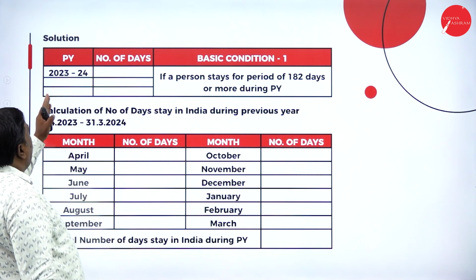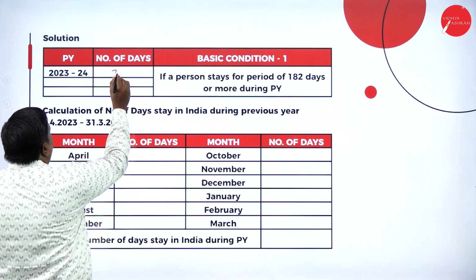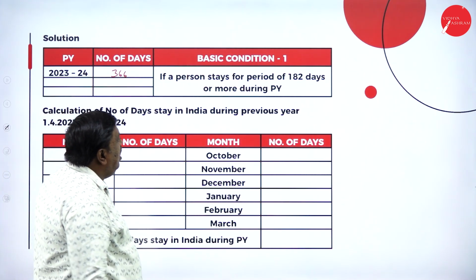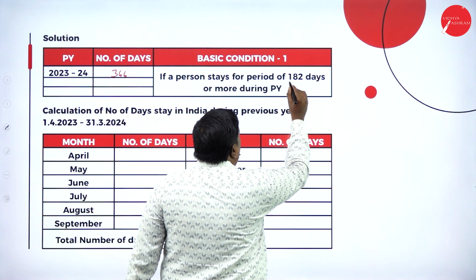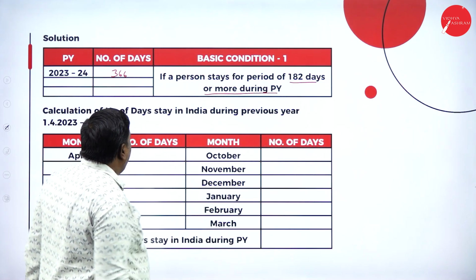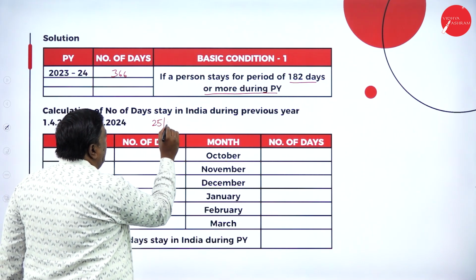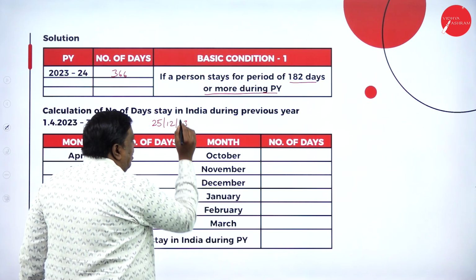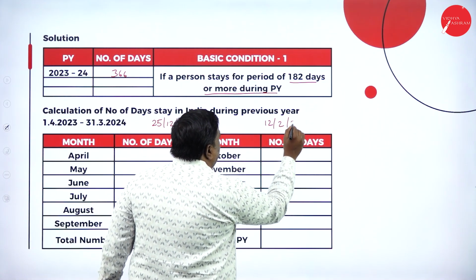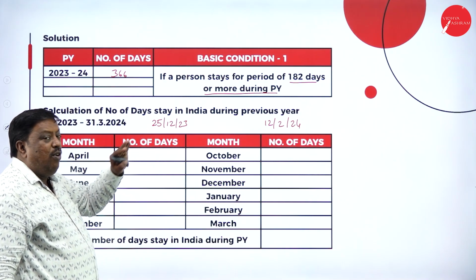Now, for the previous year, totally we have 366 days. What is the condition we have here? I have to stay in India for 180 days or more during the previous year. So now I have to calculate. I'm leaving India on 25th December 2023 and returning on 12th February 2024, so up to 24th December I was in India.